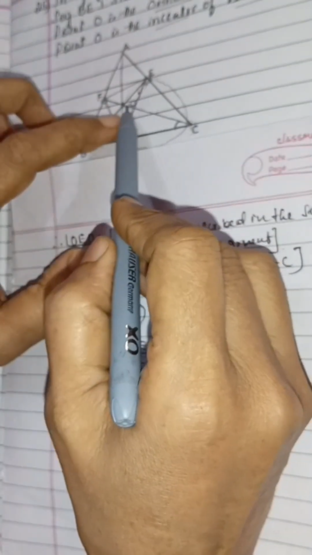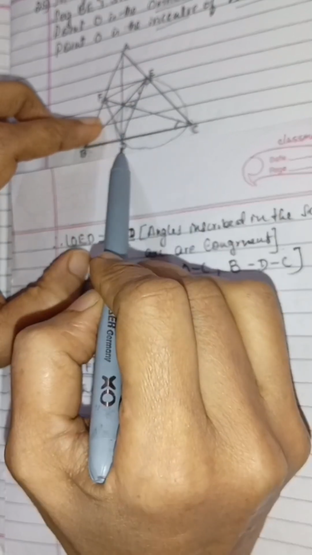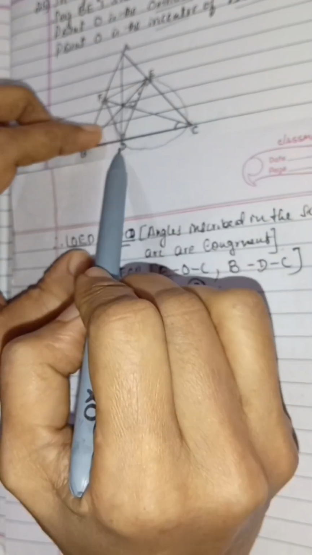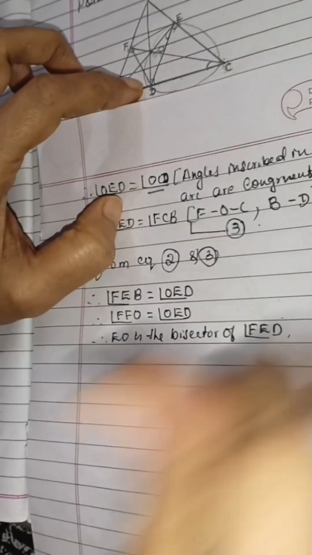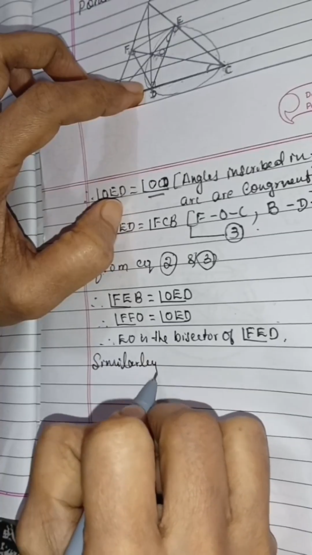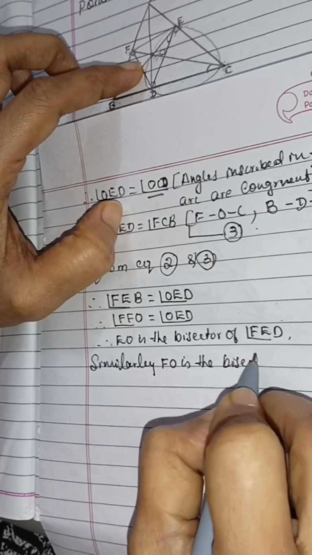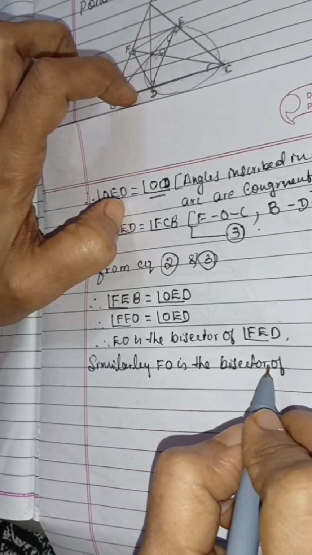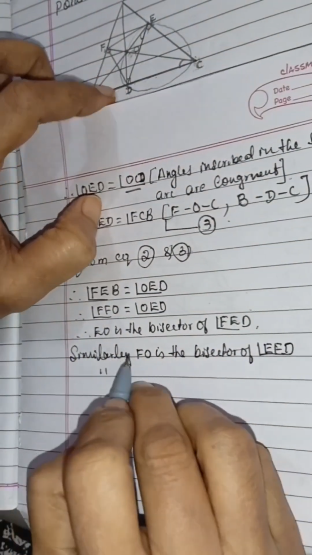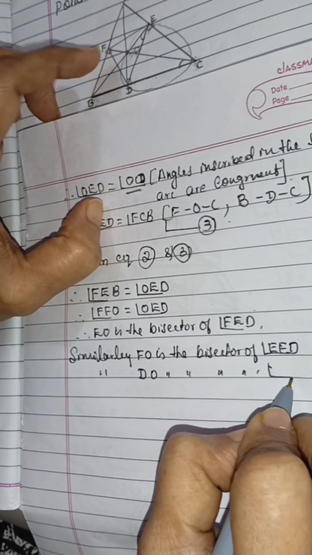So EO is the bisector of angle FED, FO is the bisector of angle EFD, and similarly DO is the bisector of angle FDE or EDF.